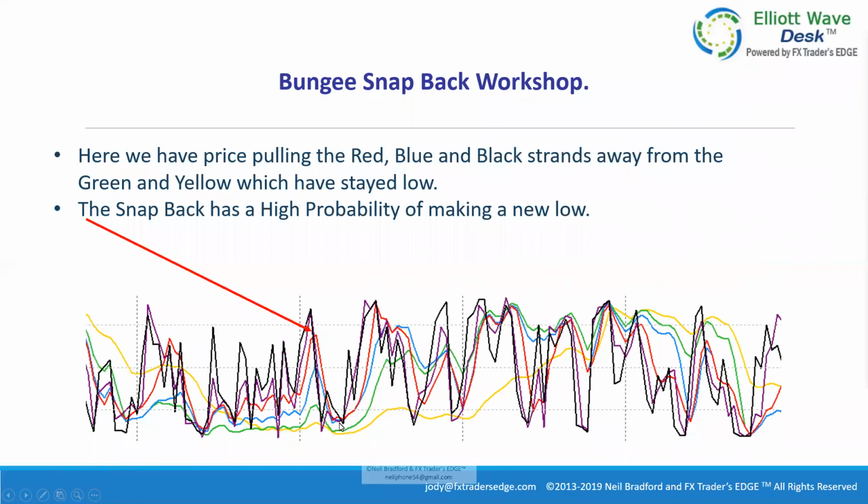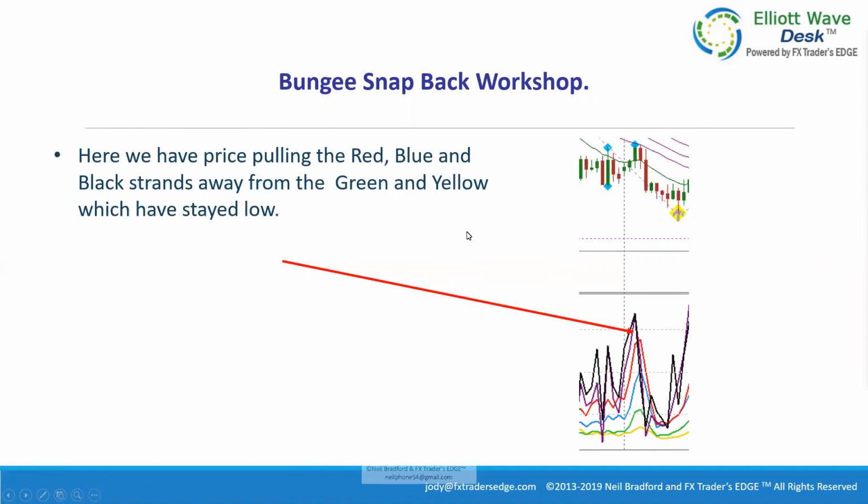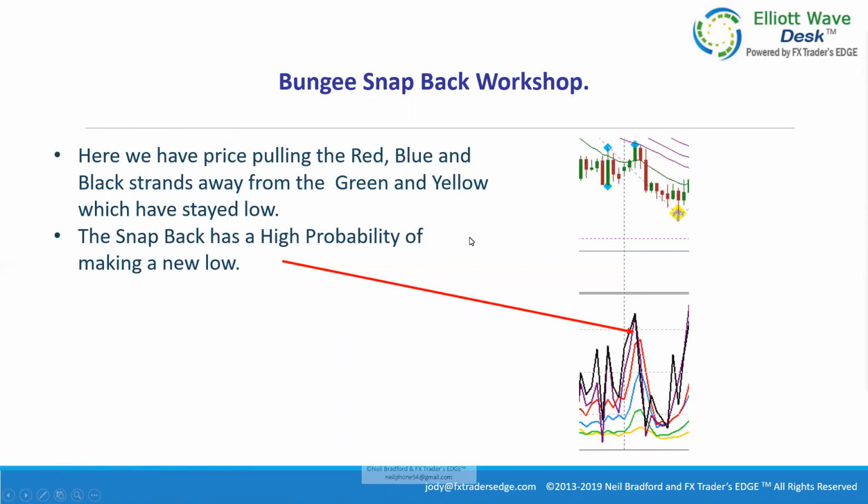They haven't started moving across the channel. Okay, here's the chart that goes with it. High probability of making a new low. And of course it did. We moved up to this blue semaphore and we made a new low.